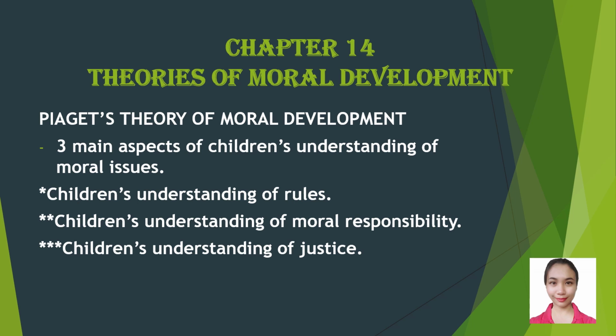So, parang may level din dapat of punishment dito sa children's understanding of justice. Kasi sabihin na natin, una, doon sa unang pagkakataon na hindi siya sumunod sa rules ng parents, ano ang mangyayari? Papaano kung naulit-ulit? Ano yung mga possible na punishment ng parents?